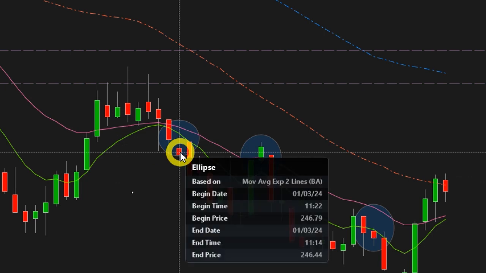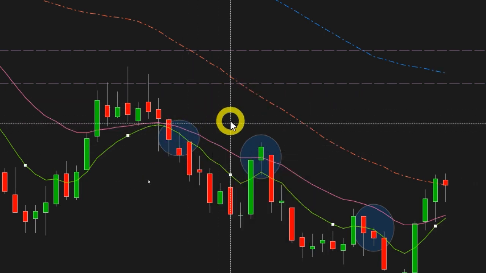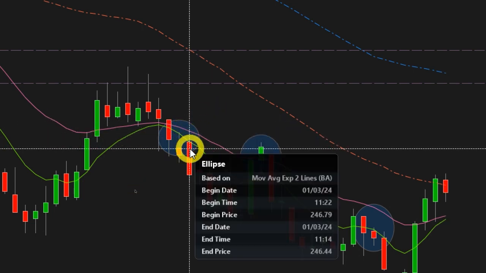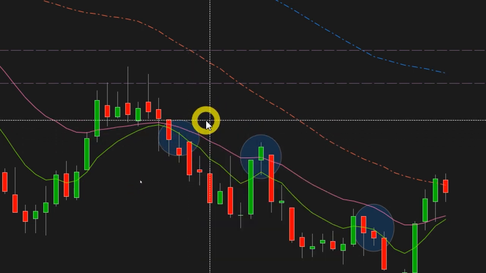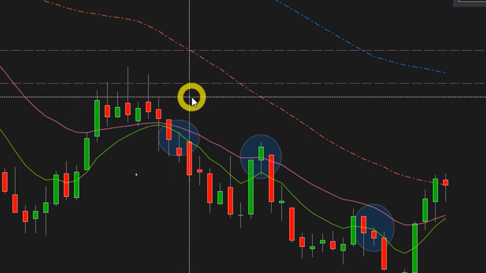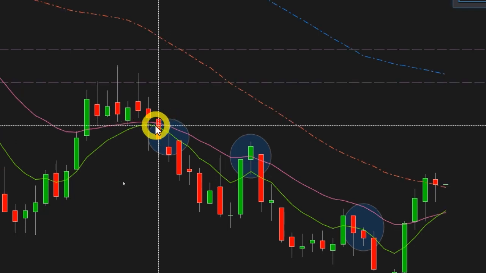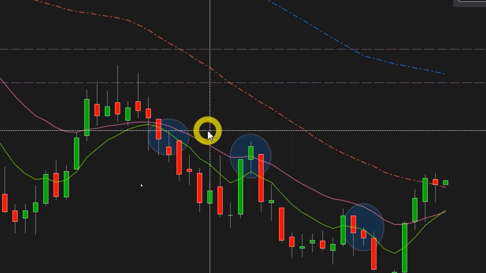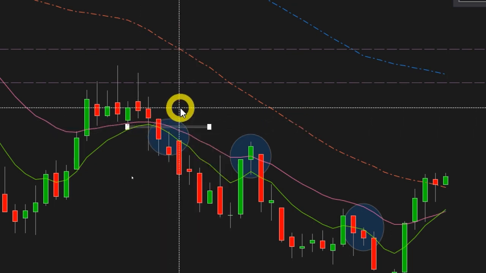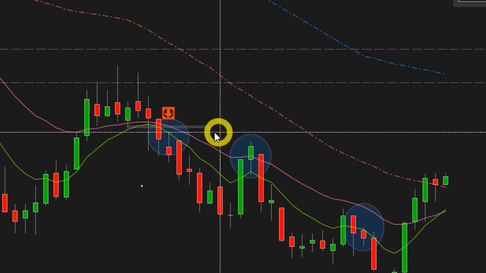This red candle here was a green candle, and it went up into the 8 moving average. And in this candle over here, when it touches the moving average, that's the perfect area to try to short. Because now I've got the top of this candle here that turned green as my stop loss, right there at the top of this candle that touched and was green.